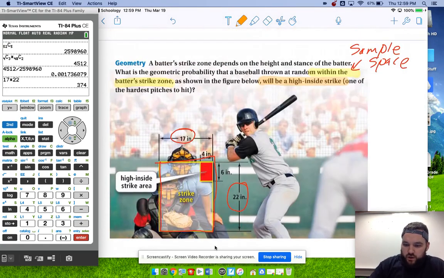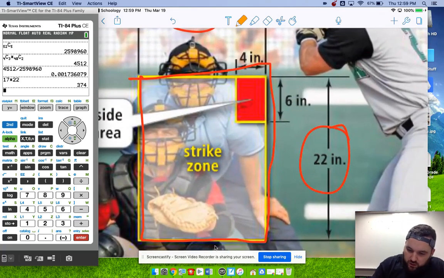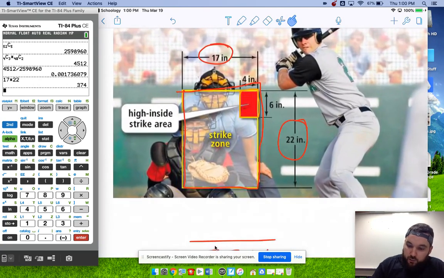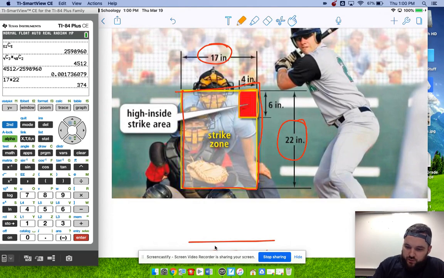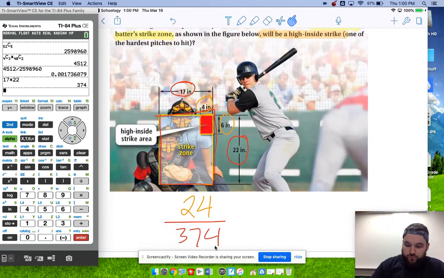And then the question was, what's the probability that it will be a high inside strike? So the high inside strike is this much smaller rectangle in the upper right-hand corner. That rectangle is only 4 by 6. 4 times 6 is 24. So that is going to be our event space. Okay, so 24 divided by 374.